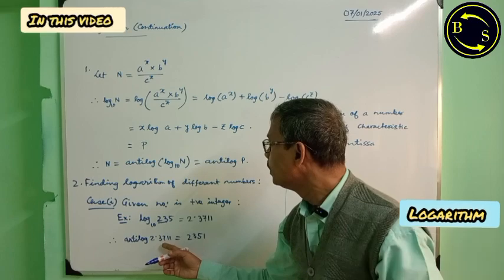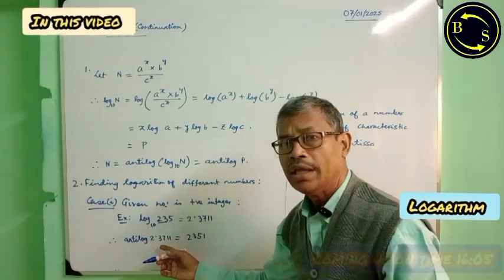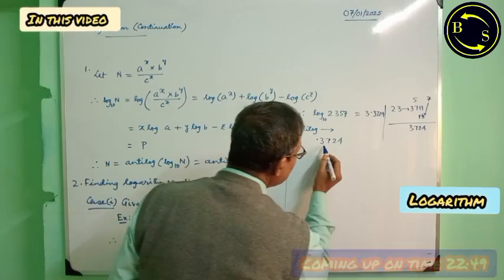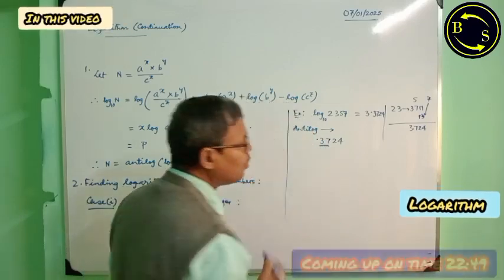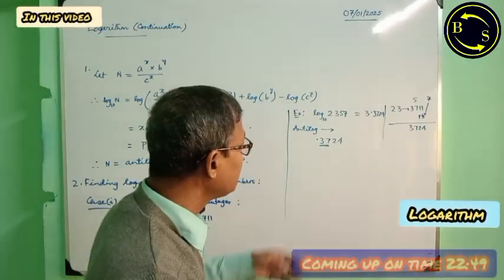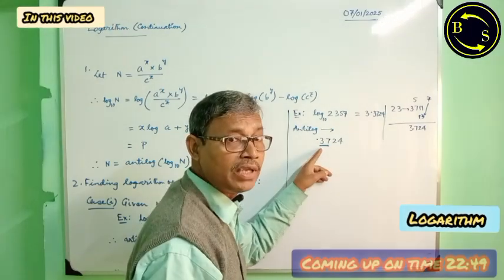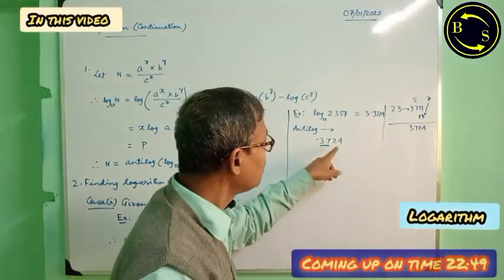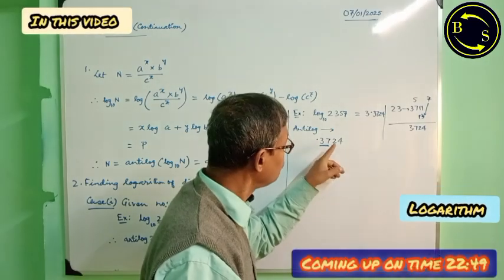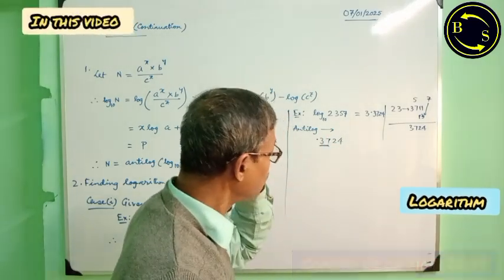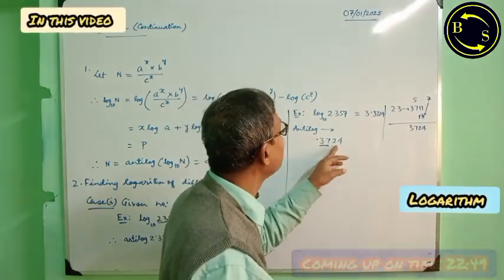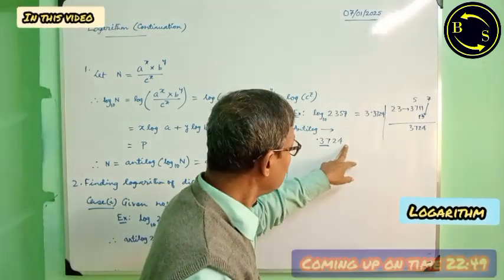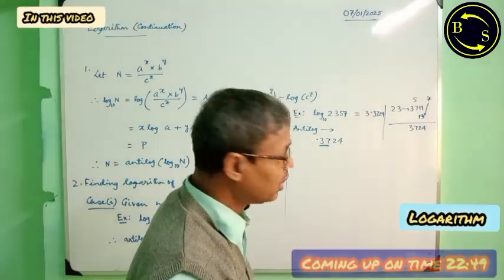Therefore, we first see the row headed by 0.37. First we go to the row headed by 0.37 in the antilog table. Then 2 is there, we follow that column. After that 0.37 column headed by 2, then from the mean difference we get the value of 4.